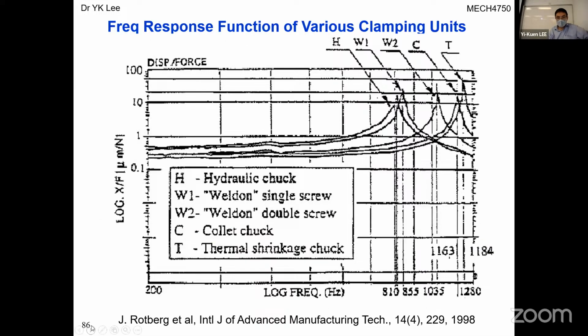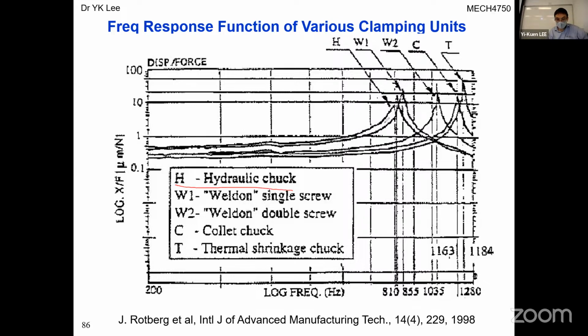Here I show you the frequency response function of different clamping units. Instead of adding an additional vibration isolator or viscous damper, if we change to a different chuck to clamp our workpiece in the drilling machine, you will definitely change the result.